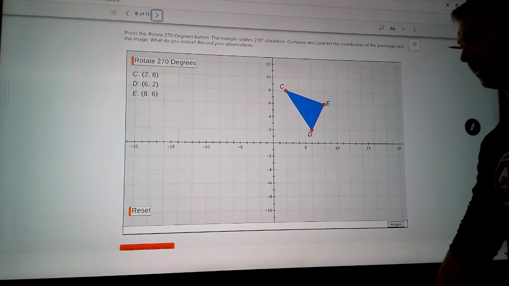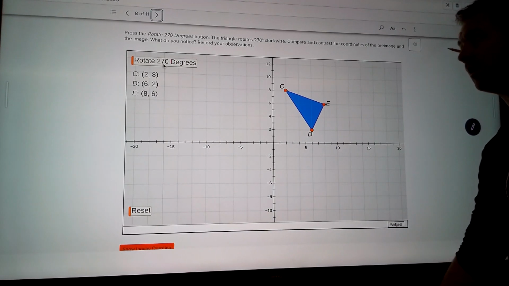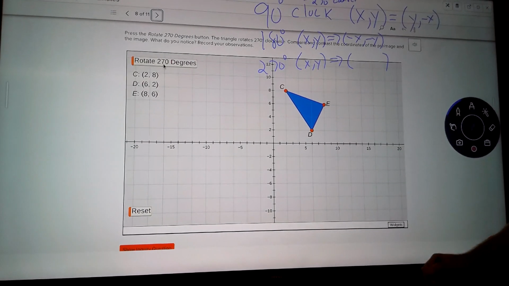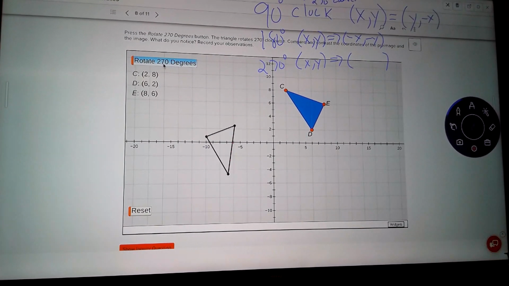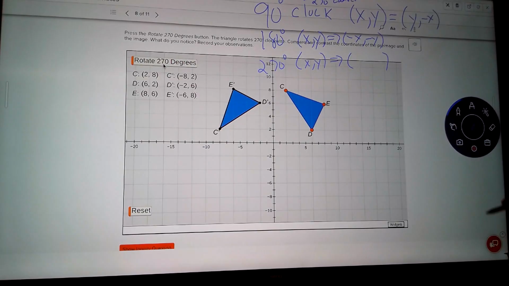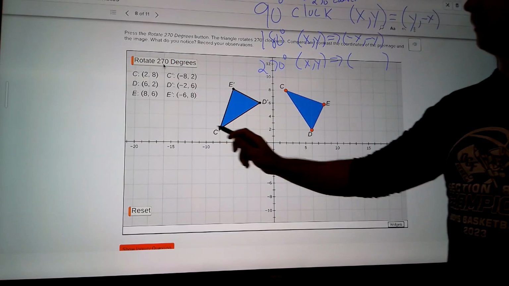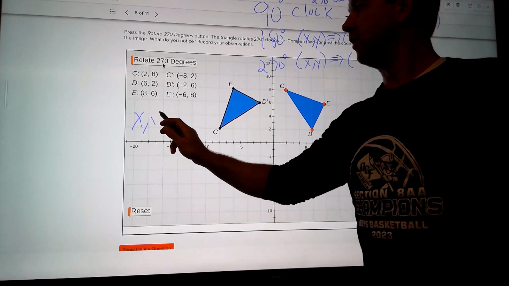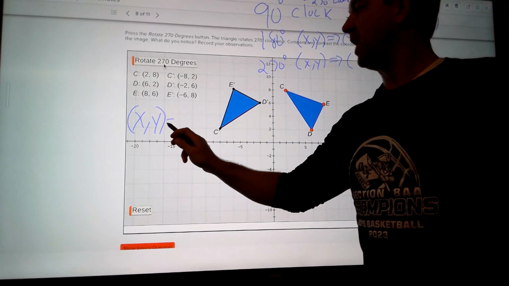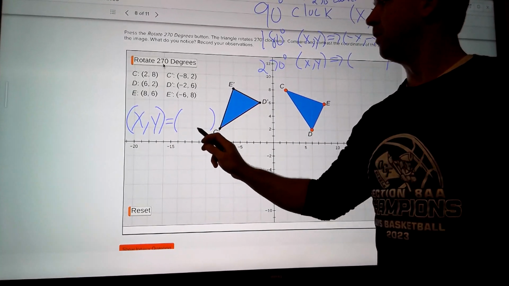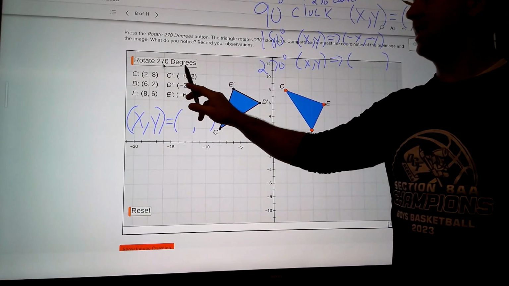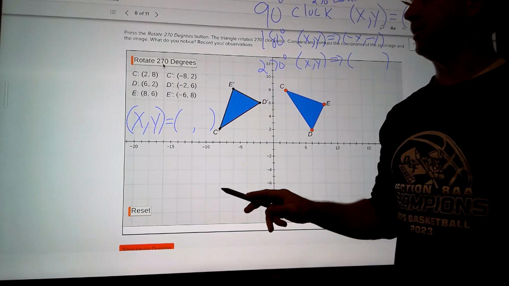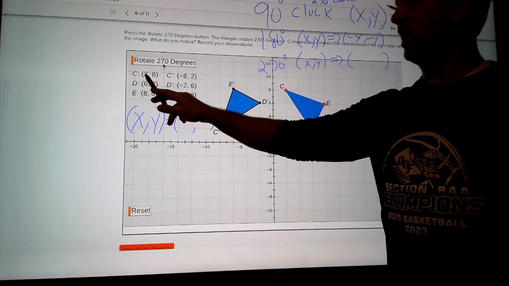Okay, let's check it out. We went from our x, y, what happened to it? It went from 2, 8 to negative 8, positive 2. What happened?